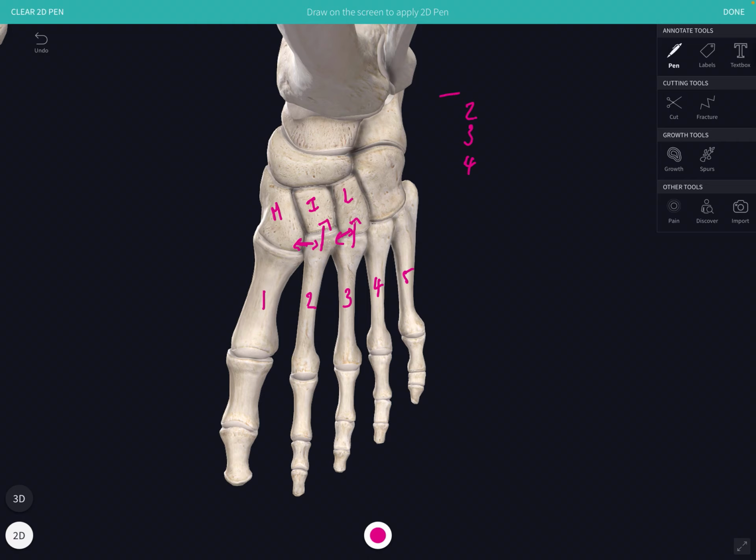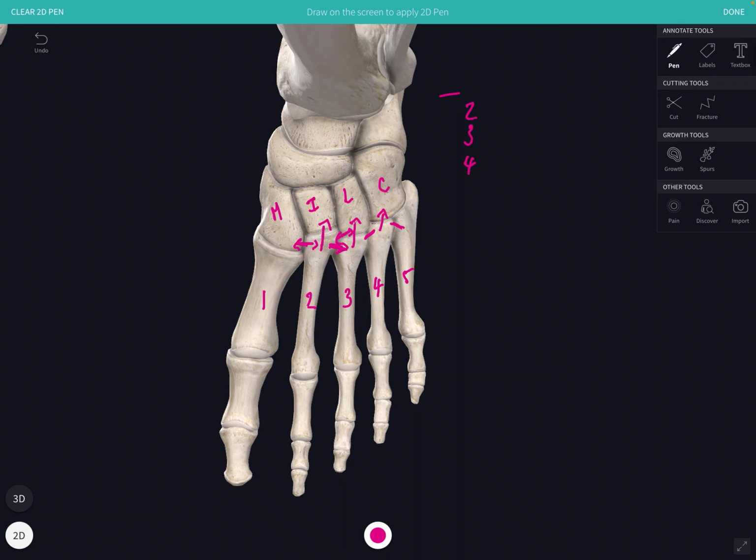And also on the lateral side of its base, it articulates with the third metatarsal. The fourth metatarsal bone articulates at its base with the cuboid, there, and at its side with the third and the fifth metatarsal.